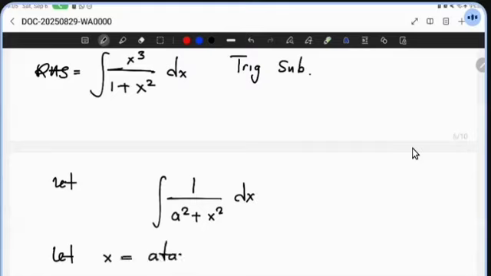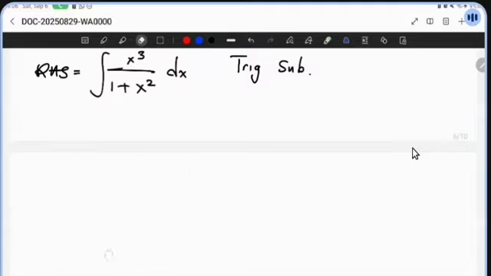A tan. Do you remember? So for this problem that we have, a is 1. So we're letting x equal 1 tan theta.